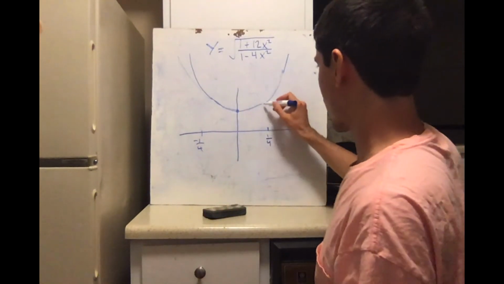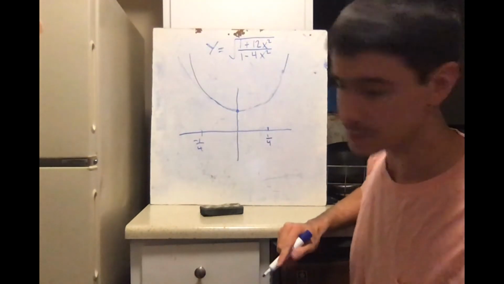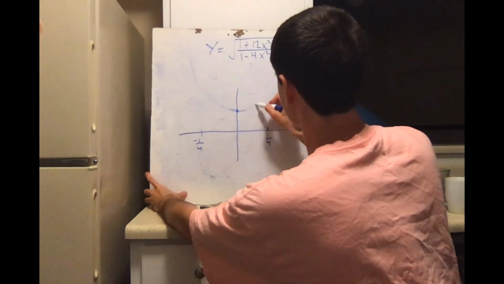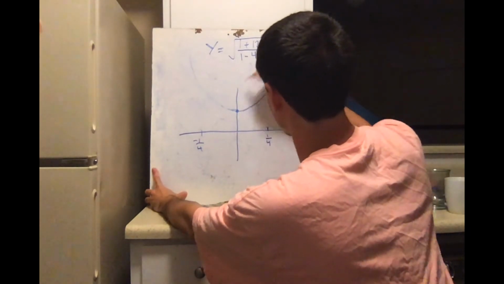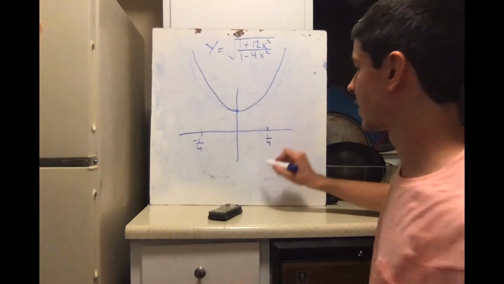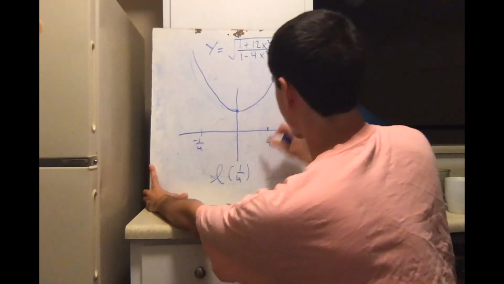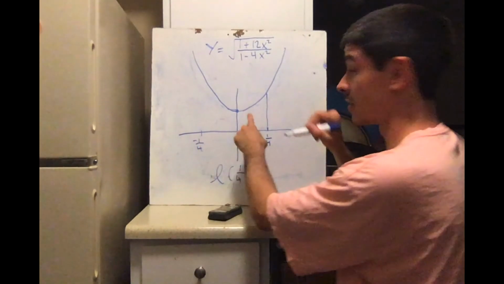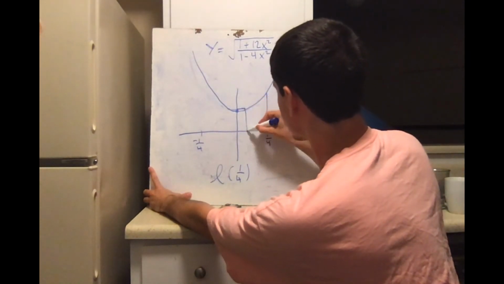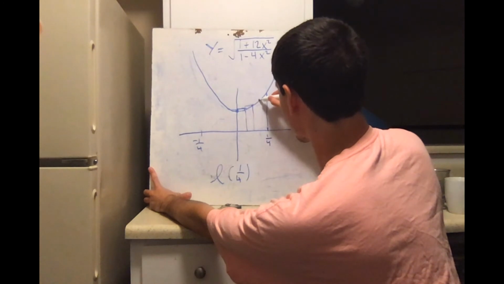In order to approximate L of 1/4, we're going to approximate this area by dividing it into little rectangles.